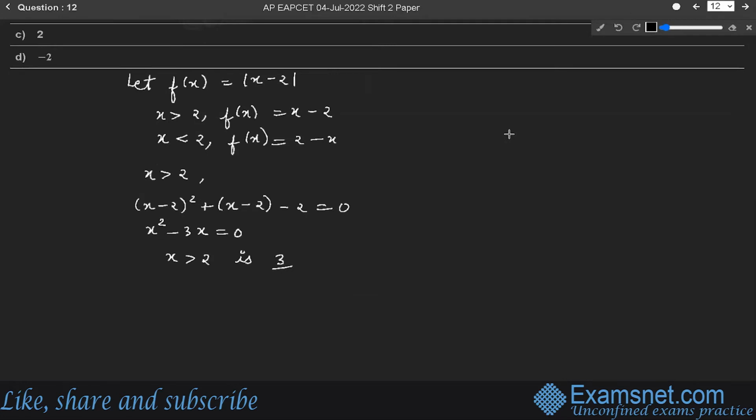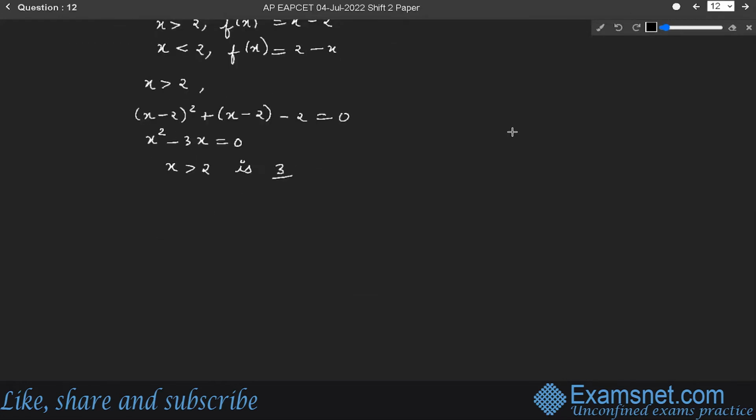Now, similarly, for x less than 2, the equation becomes x minus 2 whole square plus 2 minus x minus 2 is equal to 0. See, in the first step, we found the equation for x greater than 2, and now we are finding the equation for x less than 2.